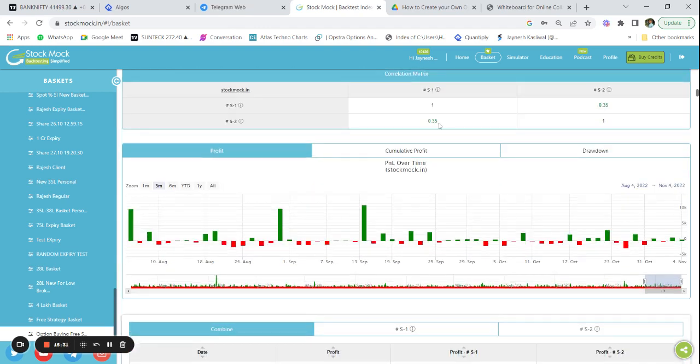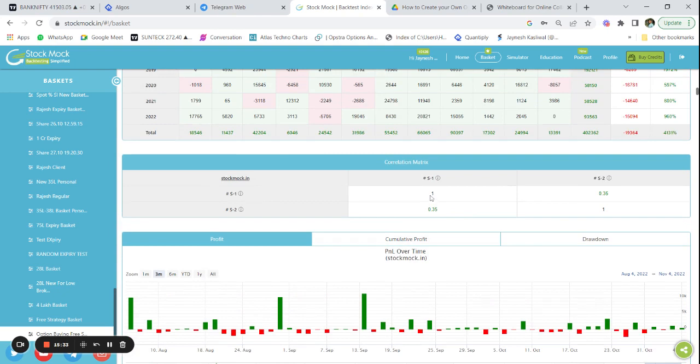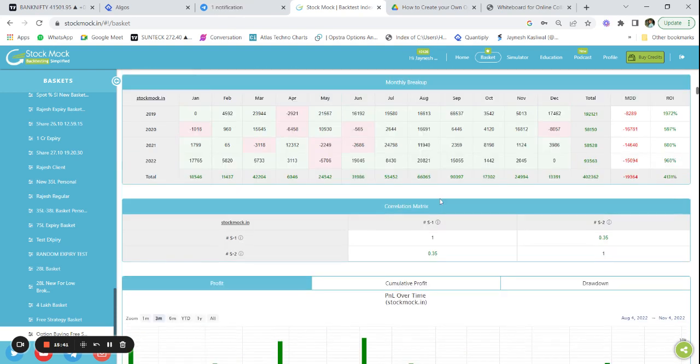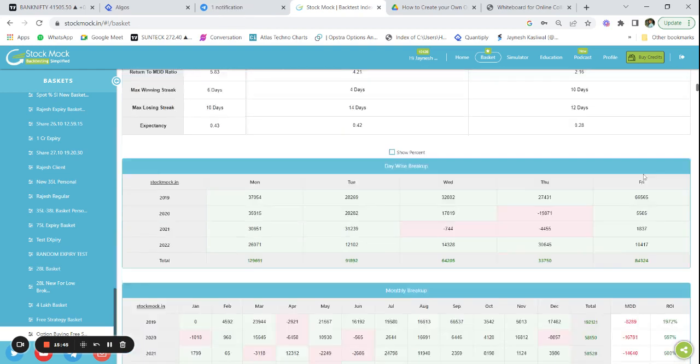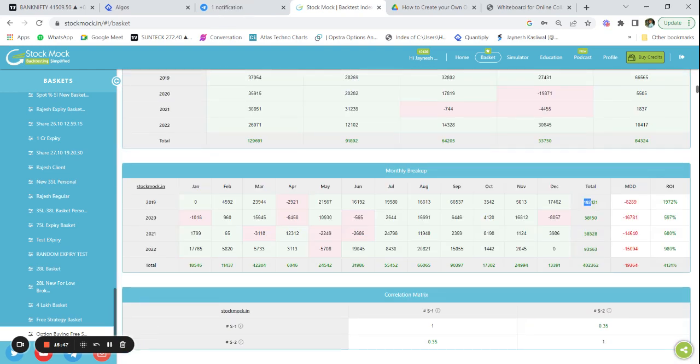So if you look at the correlation matrix here, you can see that the correlation is significantly okay, not that great also. We want a correlation lesser than 0.2, so that it is a very uncorrelated basket that we can design, right? Now even after that, we can clearly see the returns are absolutely good, even after adding taxes and all.